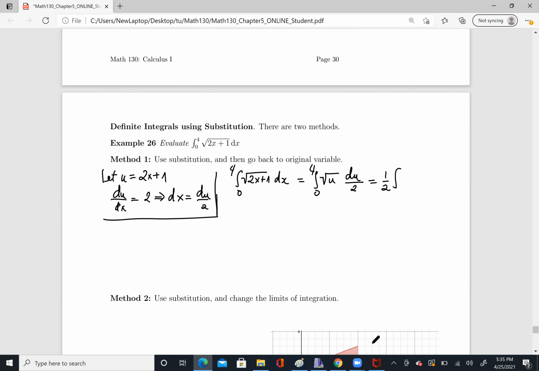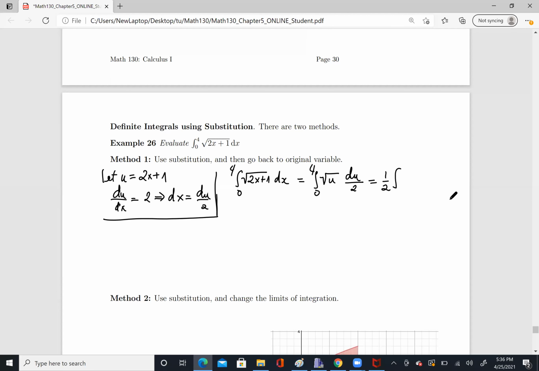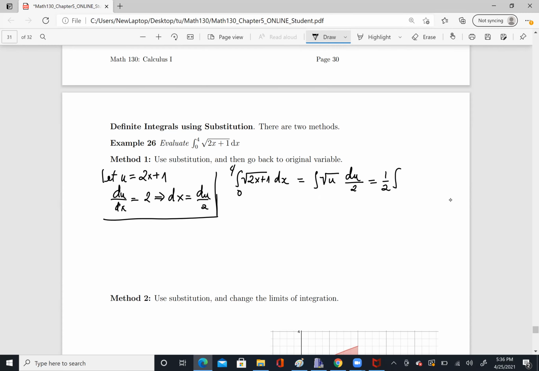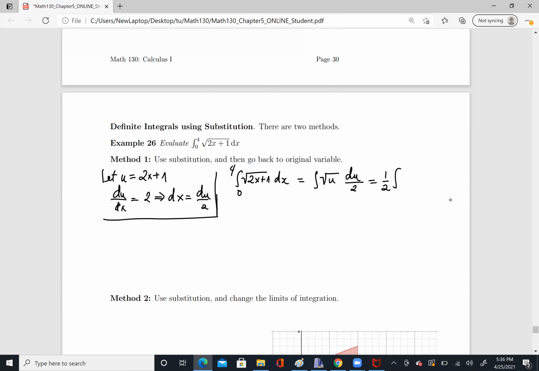As I stated before, since you change the variable x to u, the limits should also change. So in this case, I should not have 0 to 4 anymore.